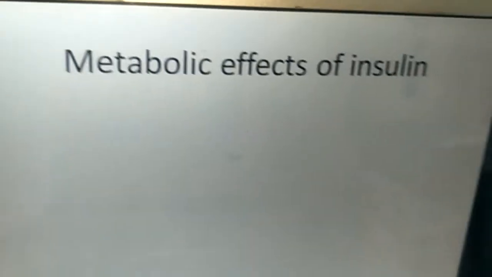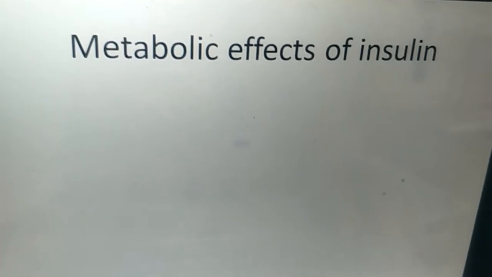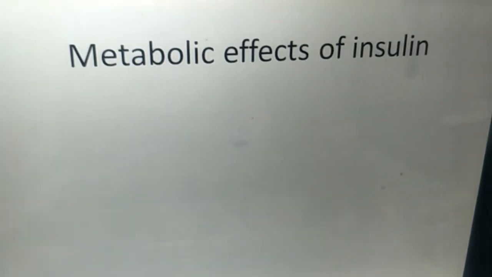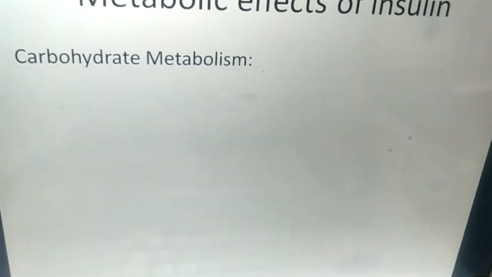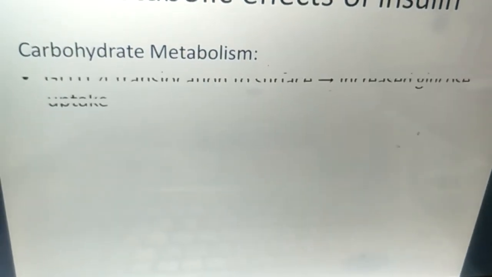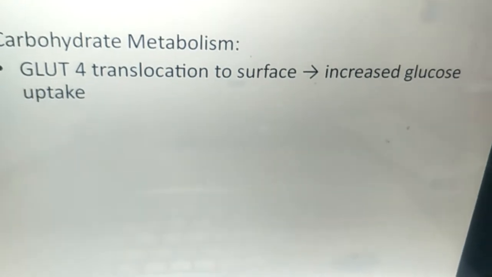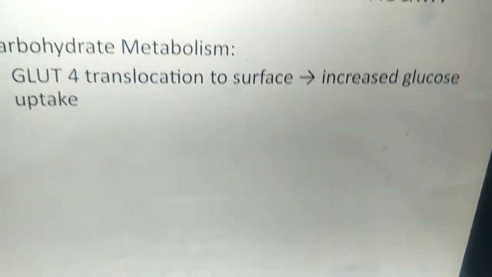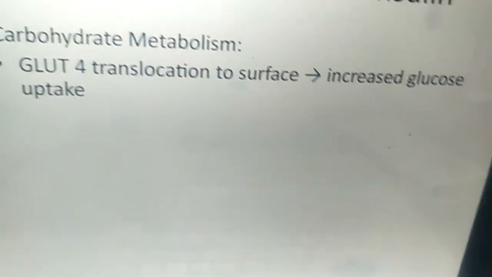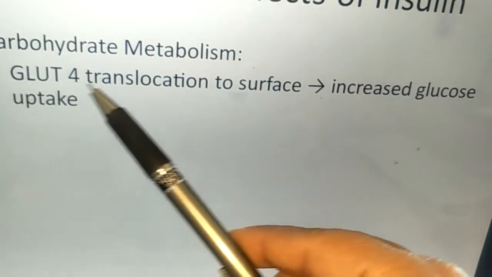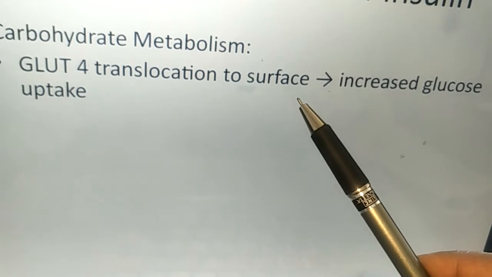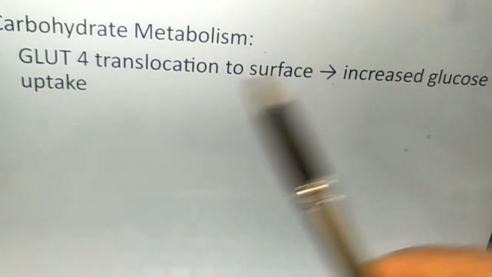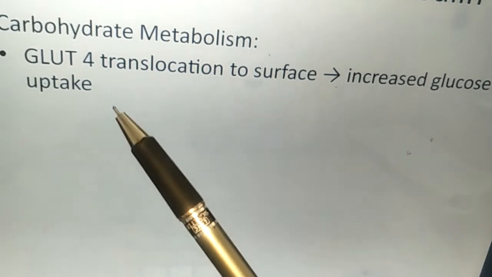Now, what are the major metabolic effects? Again, a repetition of whatever you have learned from physiology. In carbohydrate metabolism, the major effect is transportation of glucose transporter 4 to the surface of the cells in the target tissues, leading to increased uptake of glucose by the cells.